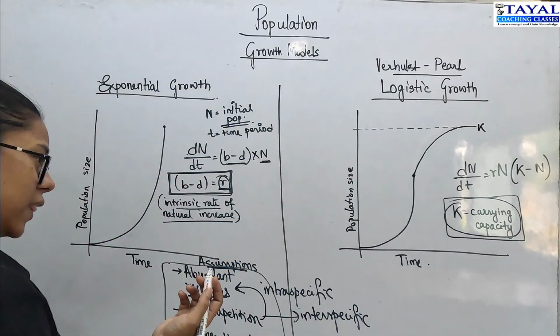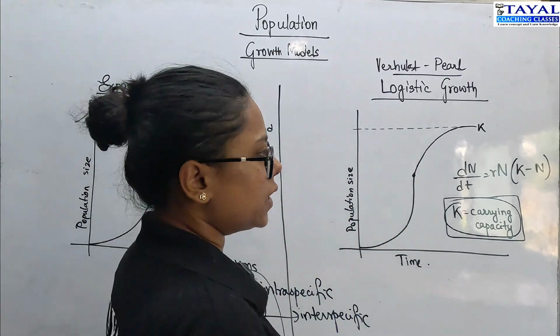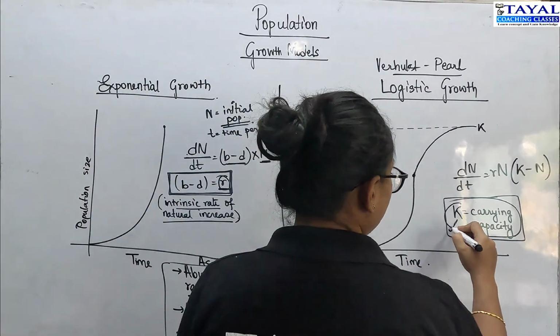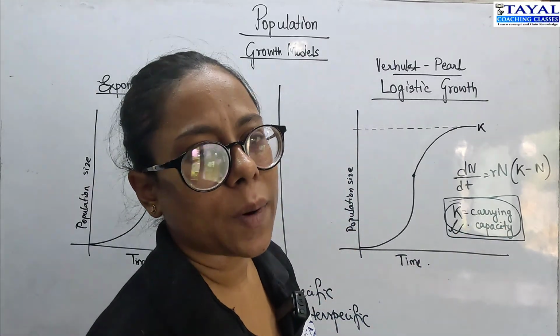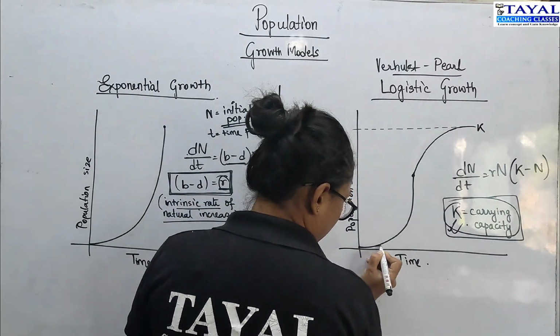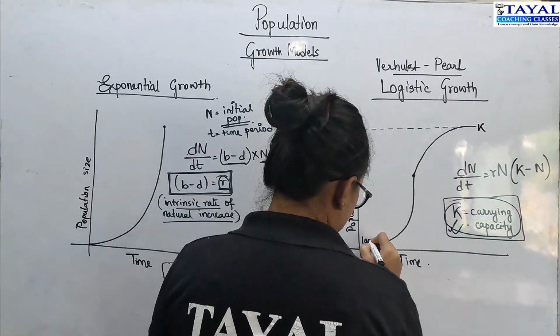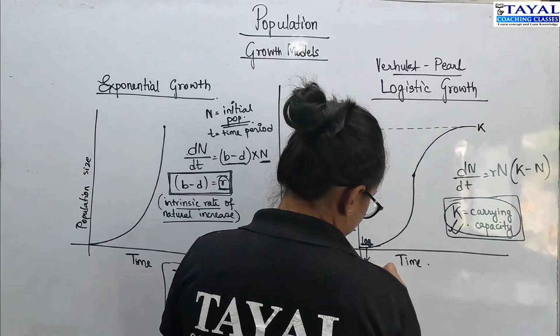Now, therefore, in a real life scenario where all of these factors are at play, we have to take carrying capacity into consideration. When we take carrying capacity into consideration, we see that initially a population rises exponentially, right? So there is a lag where the population establishes itself in the ecosystem.